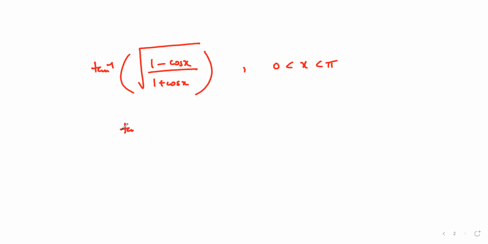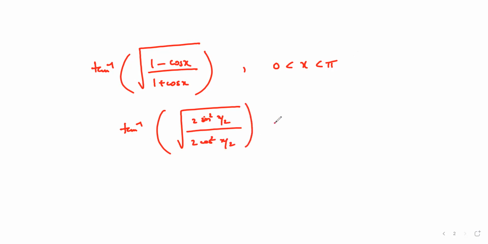So 1 minus cos x I can write as 2 sin square x by 2. 1 plus cos x I can write as 2 cos square x by 2. So this will become tan inverse of tan of x by 2, right?